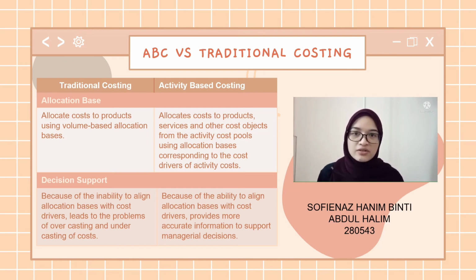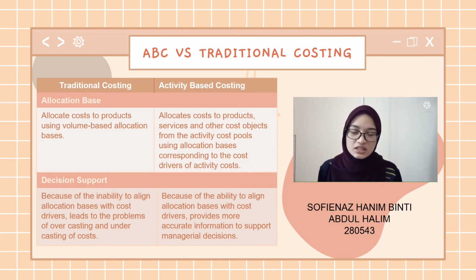The traditional system allocates costs to products using a volume-based allocation basis, such as units, direct labor input, and machine hours. The ABC system allocates costs to products, services and other cost objects from the activity cost pool using an allocation basis corresponding to the cost driver of the activity cost.